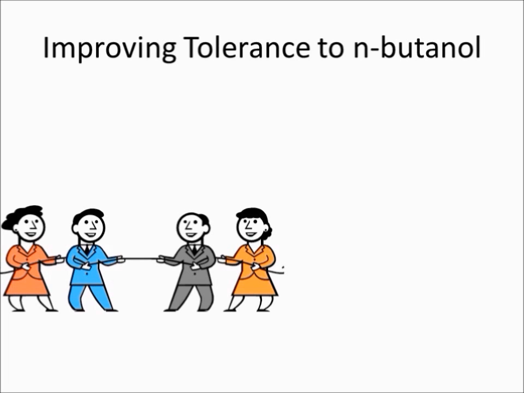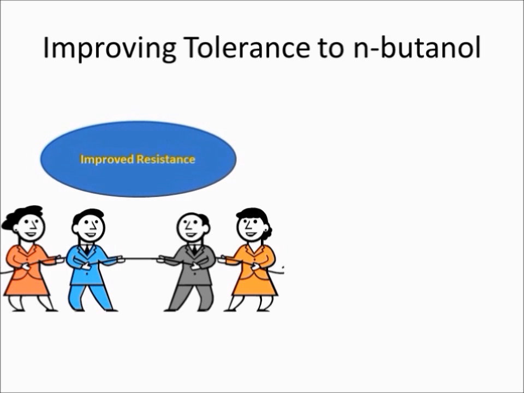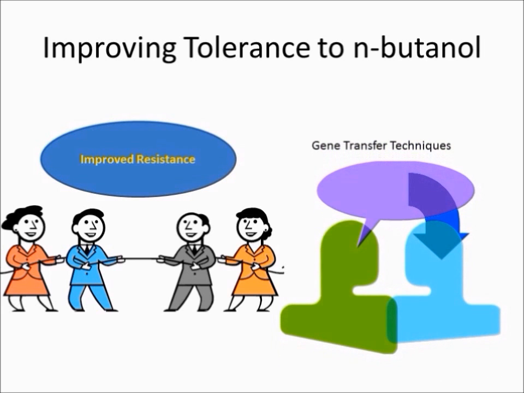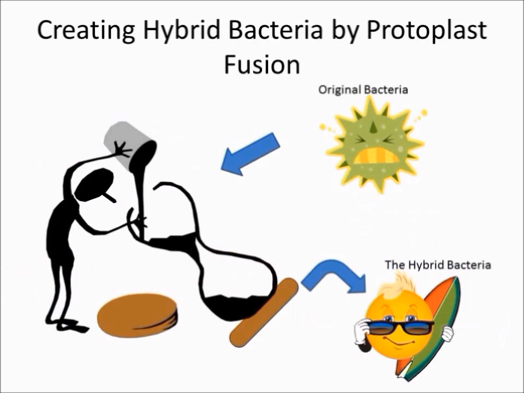Currently, once the biofuel is produced, it can be toxic and damaging to the bacterial cell membrane. What is needed is to improve the resistance of the bacteria. Scientists have used gene transfer techniques that modify E. coli and have proven that it can withstand higher concentrations of butanol and continue its production.